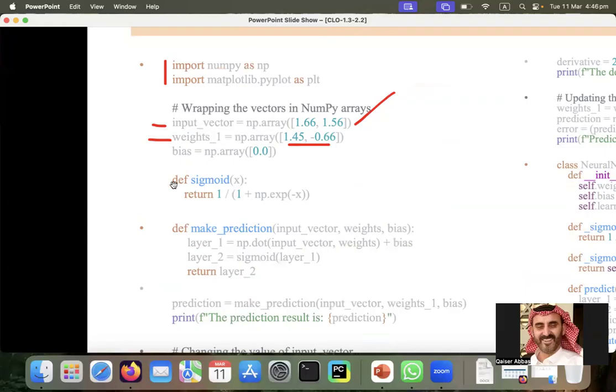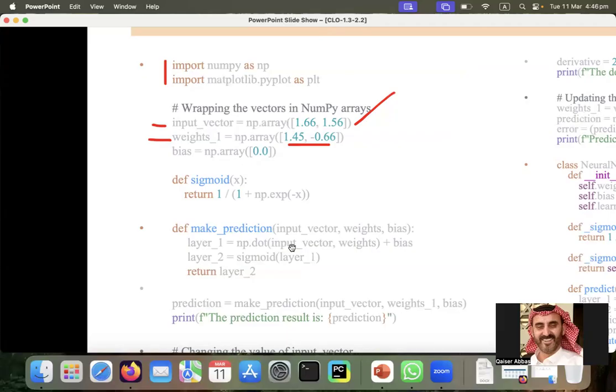How is it predicting? This is the sigmoid function, and you know what sigmoid is. It is 1 over 1 plus e raised to the power minus z. And there is another function, make prediction. What is this function? It takes the input vector, the weights, and the bias. And what is it doing? It is doing multiplication first.